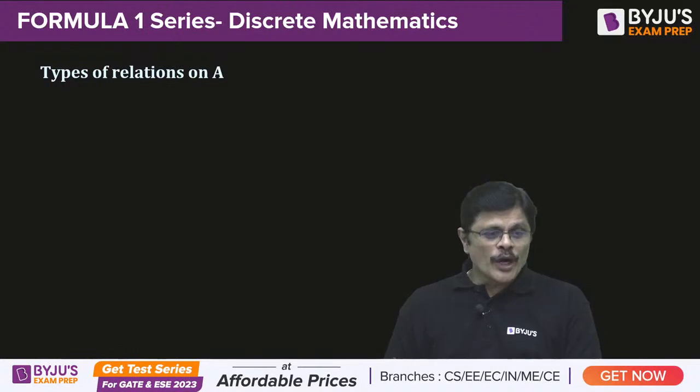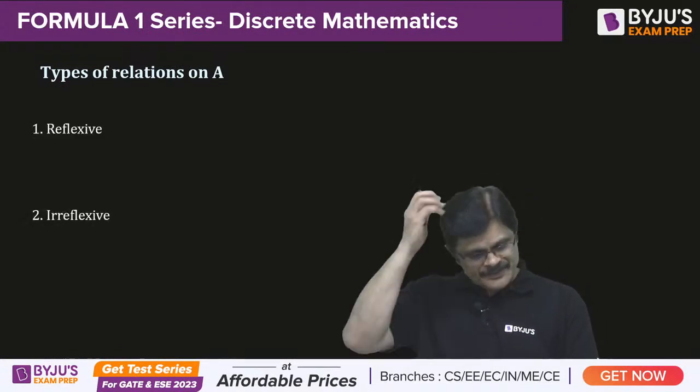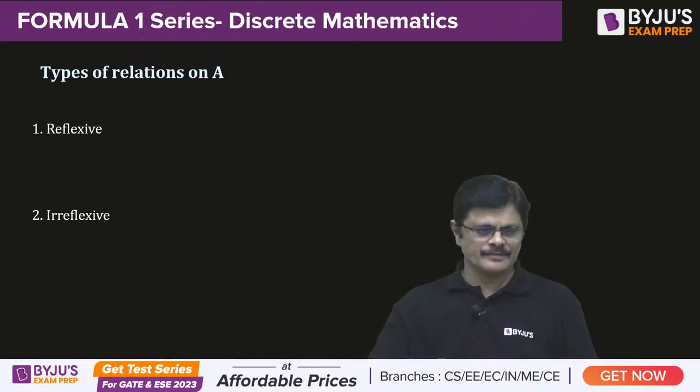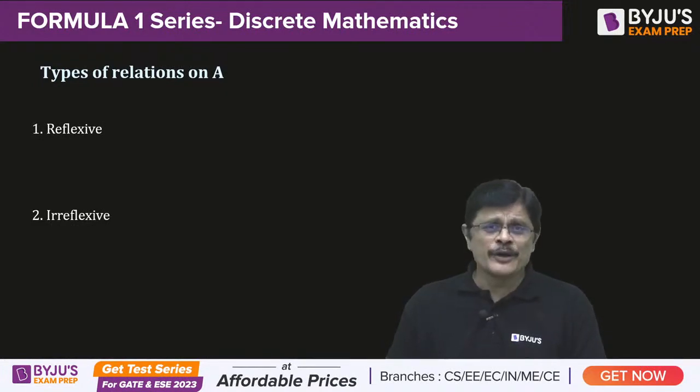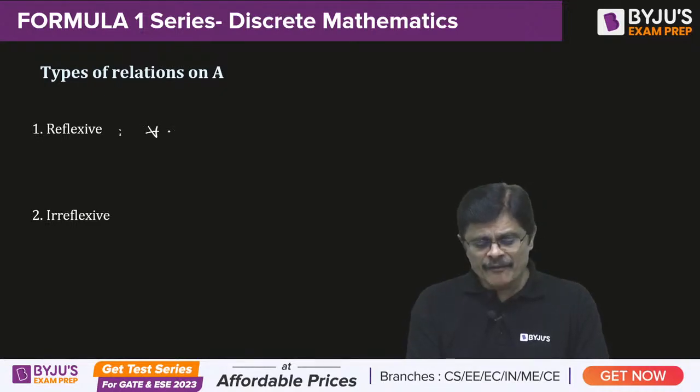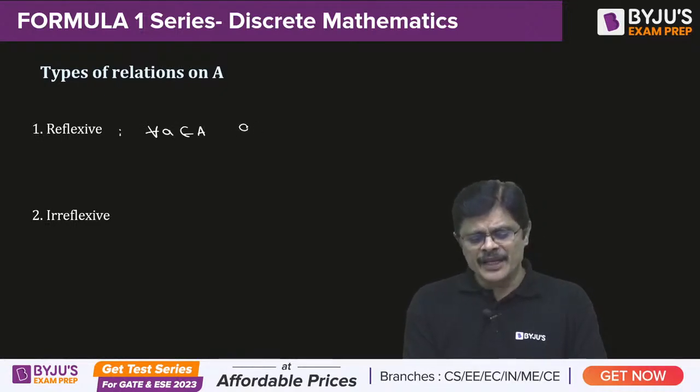So, now we move on to the relations on A topic, sir. Reflexive. See, a relation from set A to A is called a relation on A. We have different types of relations which need to be discussed. Reflexive relation means for all a belonging to A, a should be related to a, then we call the relation reflexive.